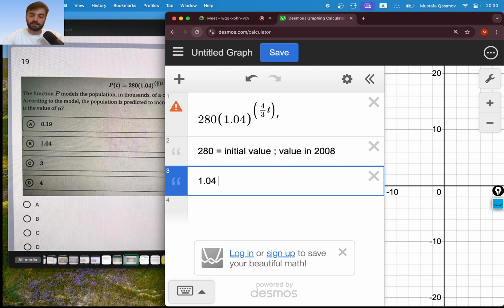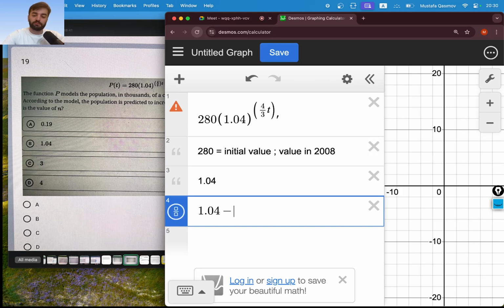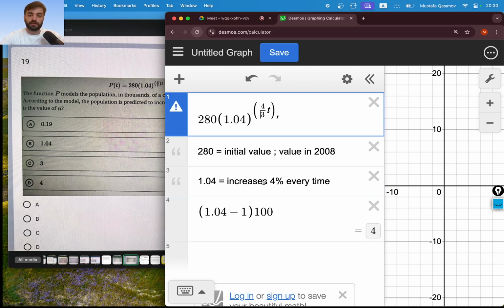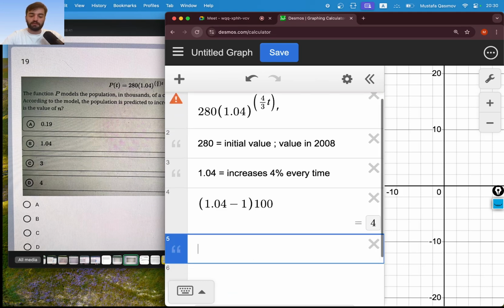When you subtract 1 from here and multiply by 100, it means the function increases by 4% every time. And the last part, 4 over 3t, shows what this every time is.